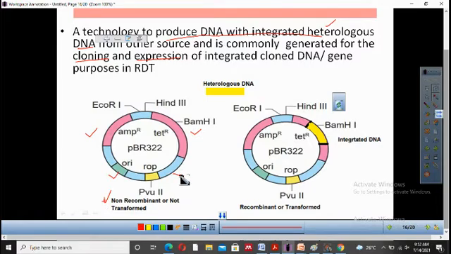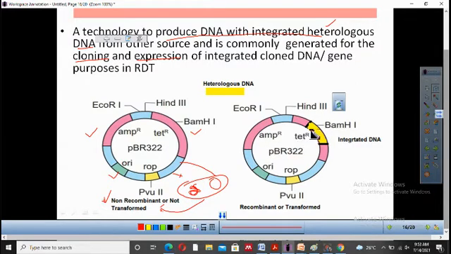When this plasmid is introduced into the bacteria, this is the bacterial genome, and if there is no integration at all, then this is called a non-recombinant plasmid, and the bacteria is called non-transformed.